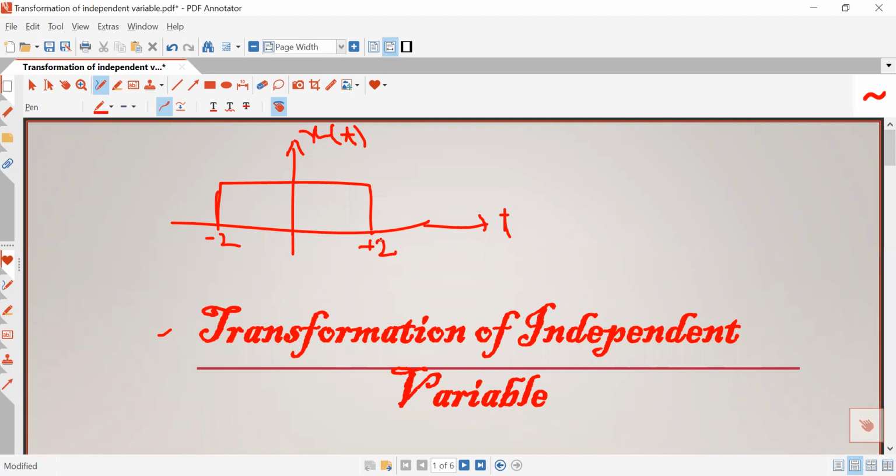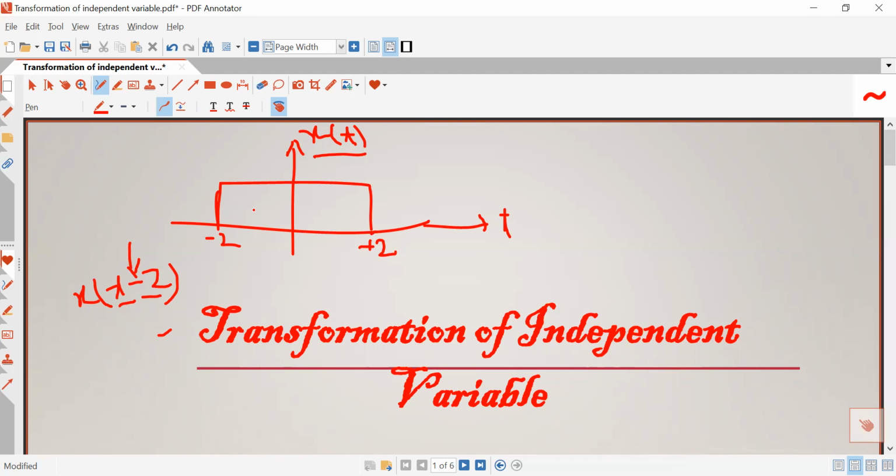Now, the question is: shift the signal by 2 units in the right direction on the time axis. How will you shift the signal? Or the question might be asked as: if x(t) is this, then draw x(t-2). Here the minus sign means shifting in the right direction, and if there is a plus sign, it means shifting in the left direction on the time axis.